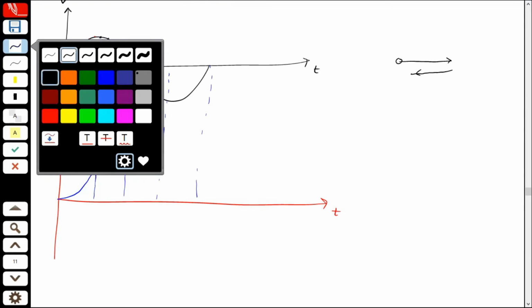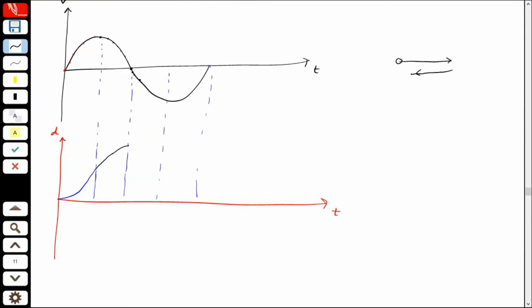And from this point to this point, velocity is increasing in magnitude, so the gradient of the displacement time graph should increase up to this point. Then velocity is decreasing but still negative, so the gradient should decrease and become 0.